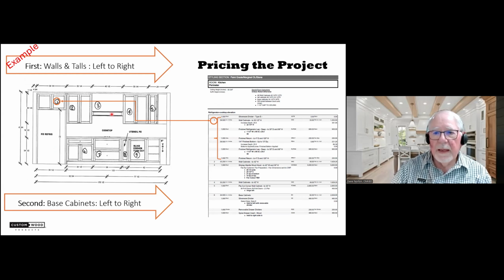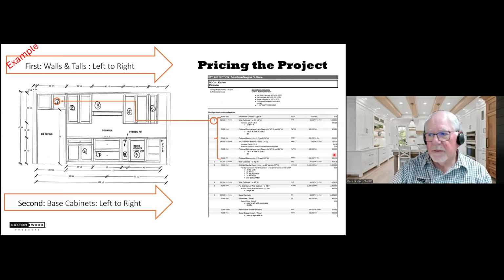So as you enter pricing, be aware of the unit of measure. So the width of your cabinet is generally going to be done in inches, and you can enter it in 1/8 increments.